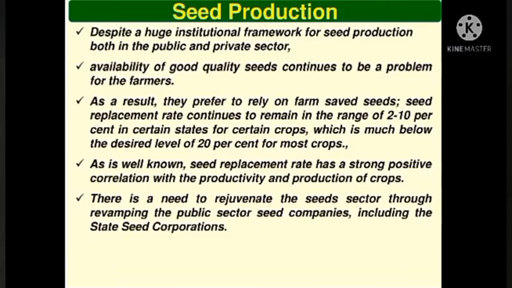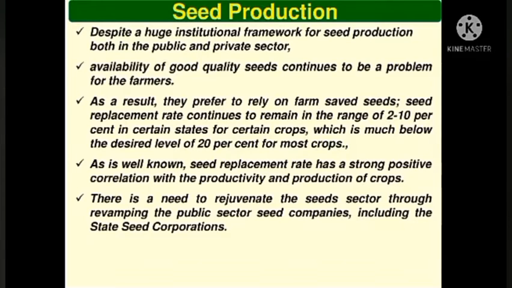Seed replacement rate continues to remain in the range of 2 to 10% in certain states for certain crops, which is much below the desired level of 20% for most crops. Fourth, as is well known, seed replacement rate has a strong positive correlation with the productivity and production of crops.